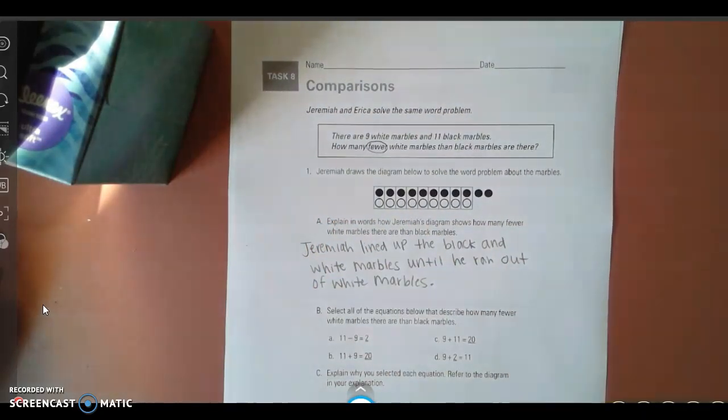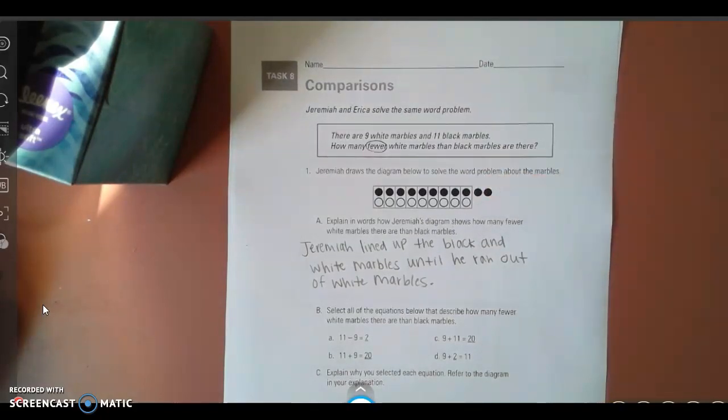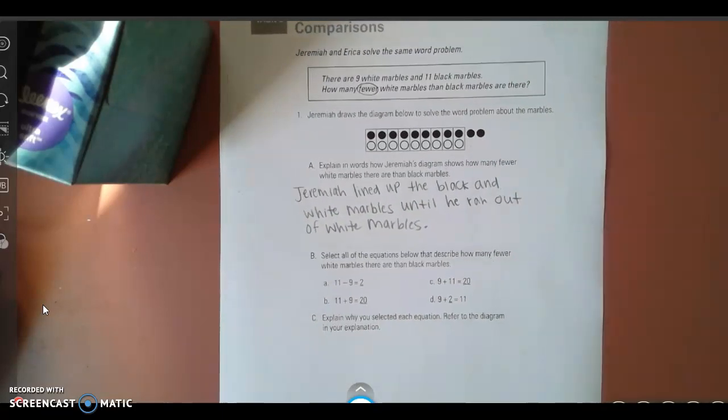So Jeremiah lined up the black and white marbles until he ran out of white marbles. And so then you saw how many extra there were left over there. So let's go on to part B.